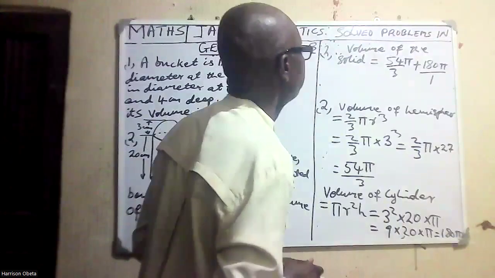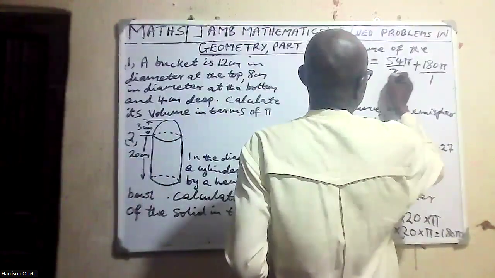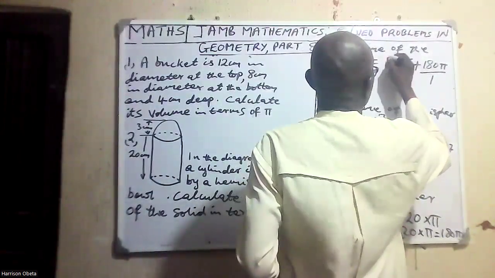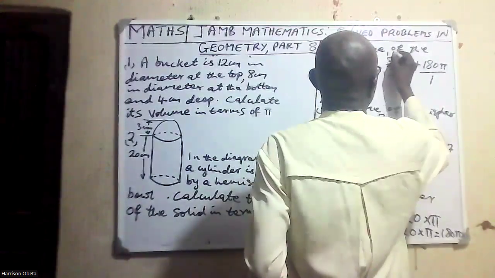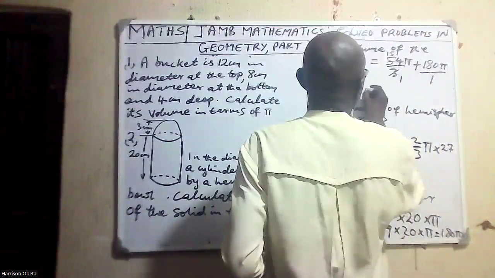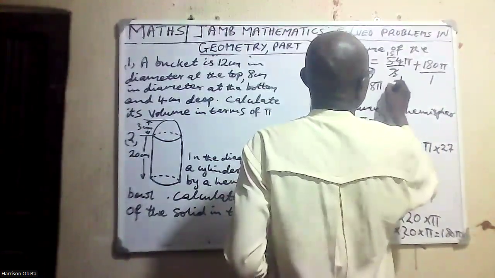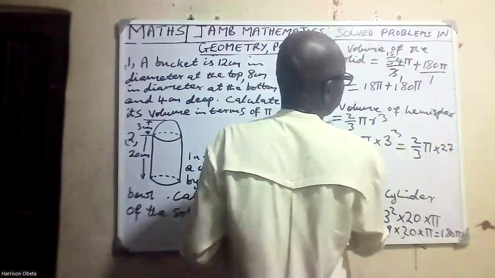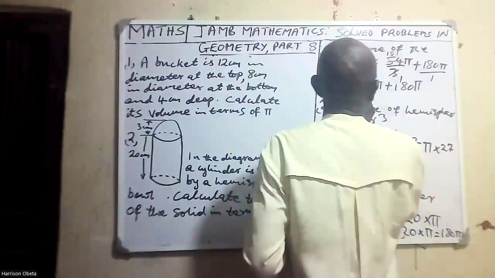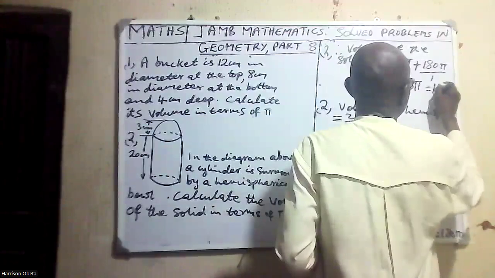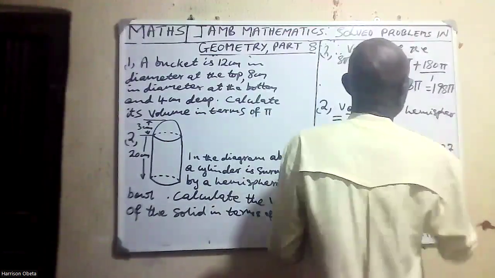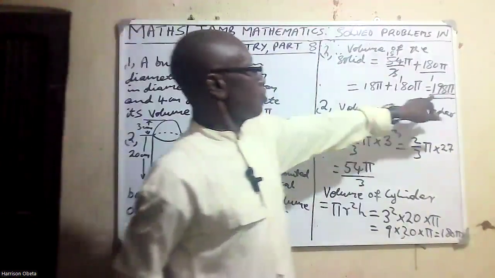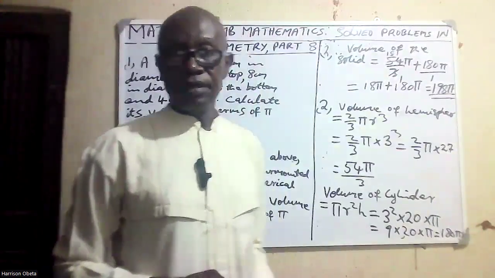And if we check, I think we can divide by 3 here. 3 into 54 is 18. So this is the same thing as 18 pi plus 180 pi. And that is equal to 198 pi as the final answer. So volume of the solid is 198 pi.